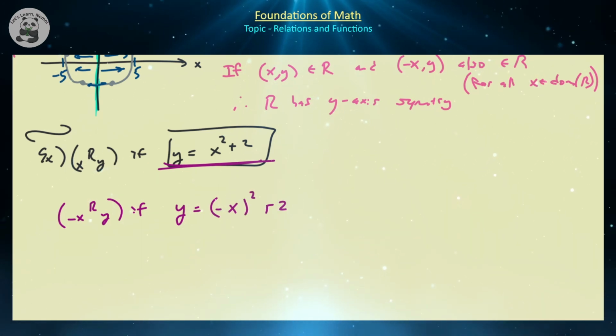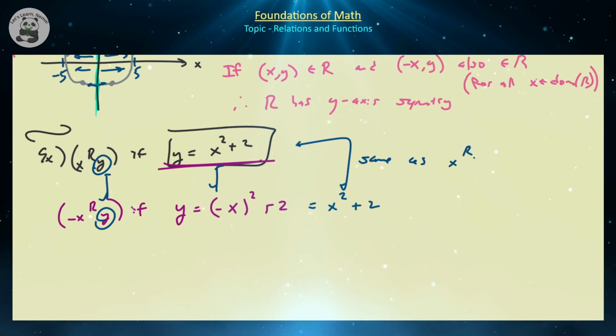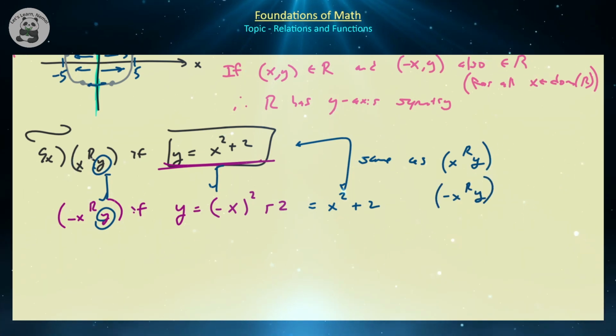These points are exactly the same, provided that their algebraic relations are also the same. But keep in mind, when we square a negative number, we get the positive value as well. So this is also going to be equal to x squared plus 2, which is the same as x related to y. So x related to y and minus x related to y gives us the same exact y points in each of these worlds.